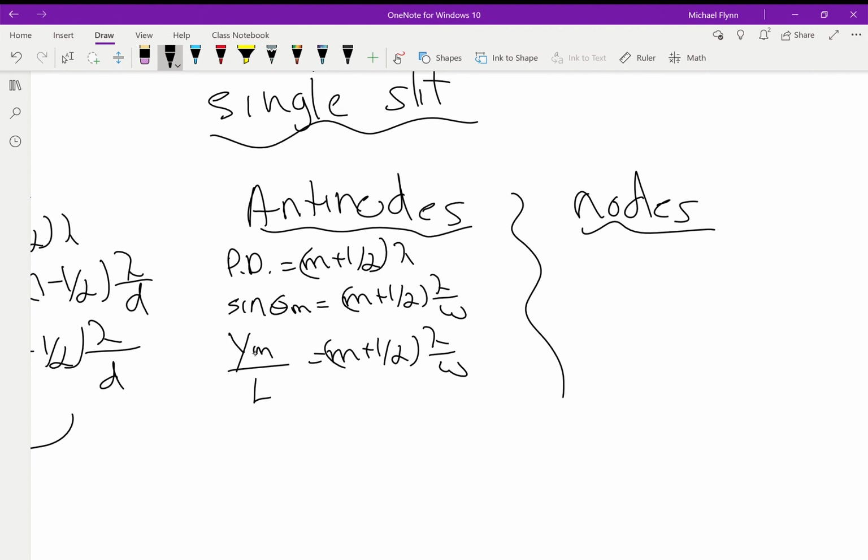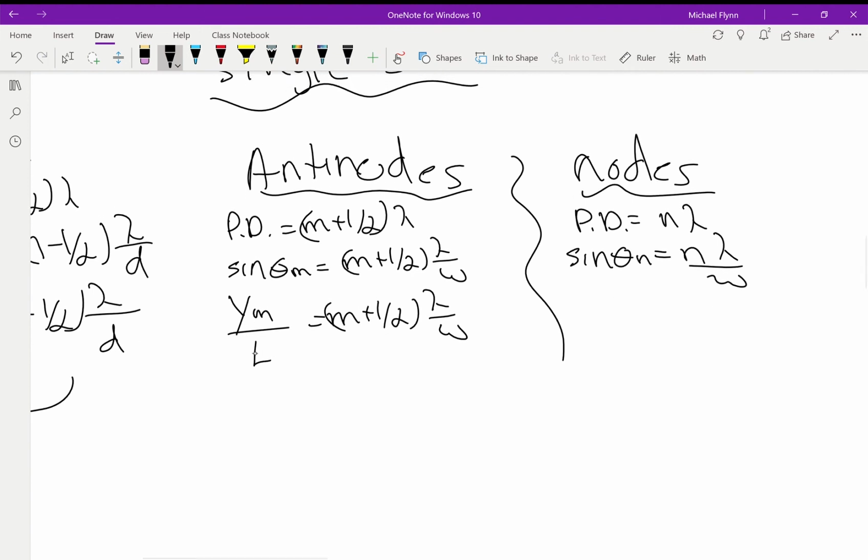Now for the nodes, you get this, path difference equals n lambda. It's kind of switched from the other one, it's plus a half, not minus a half. Sine theta n equals n lambda over w.